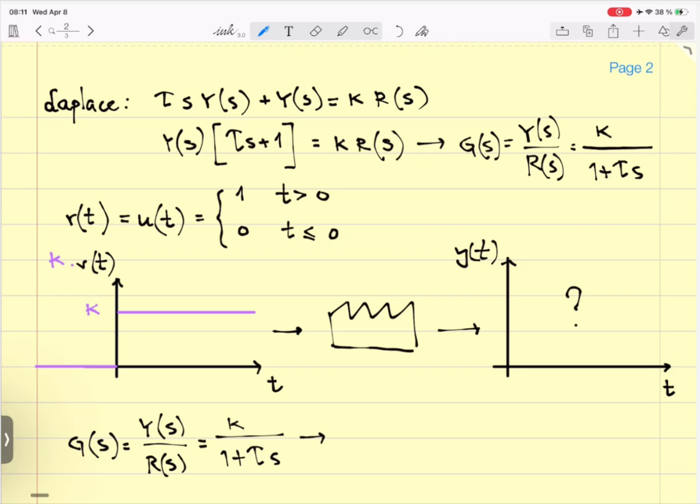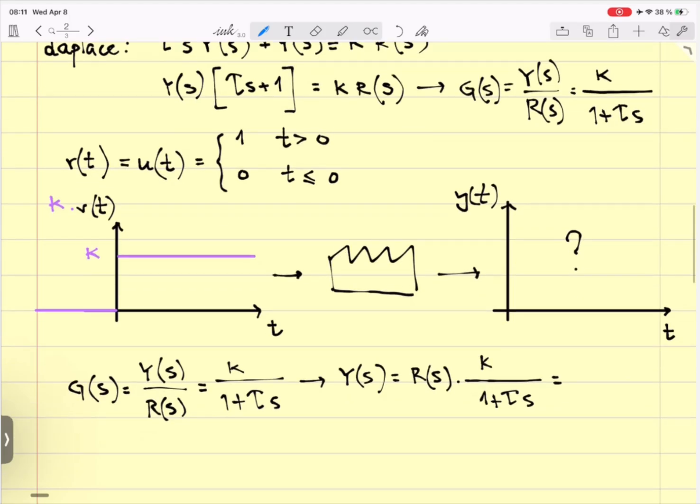We can say that Y of s equals R of s times k divided by 1 plus tau s, because the Laplace transform of the step function is 1 divided by s.